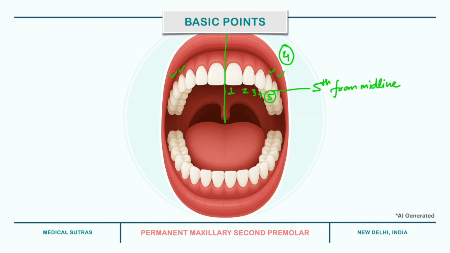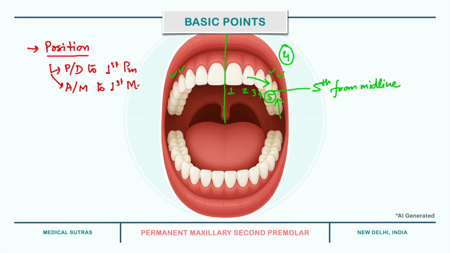It is present posterior to the maxillary first premolar and anterior to the maxillary first molar. That is, if we have to describe the position of the permanent maxillary second premolar, it is posterior or distal to the first premolar and anterior or mesial to the first molar.